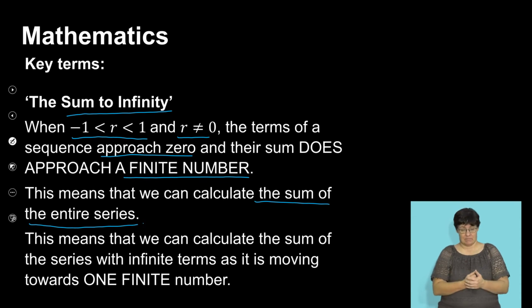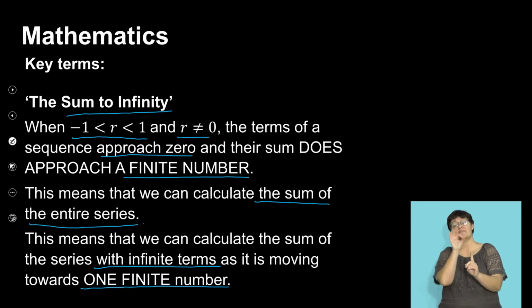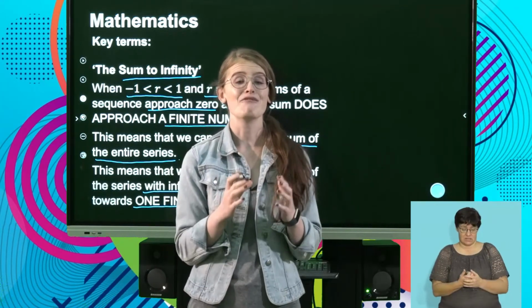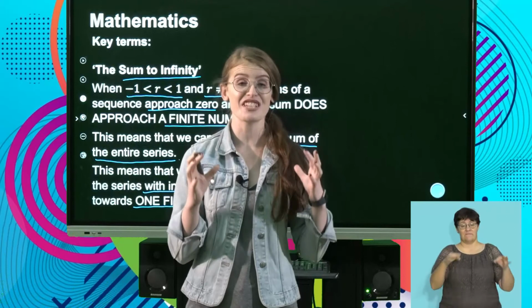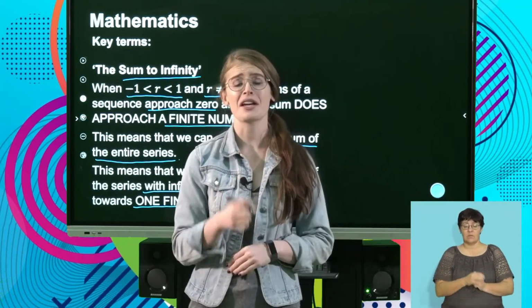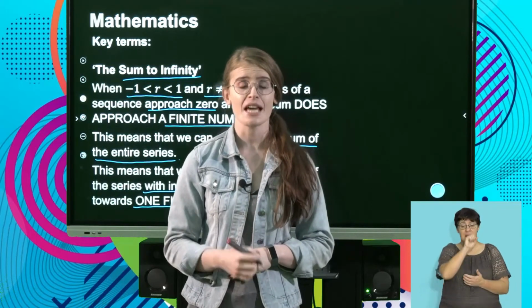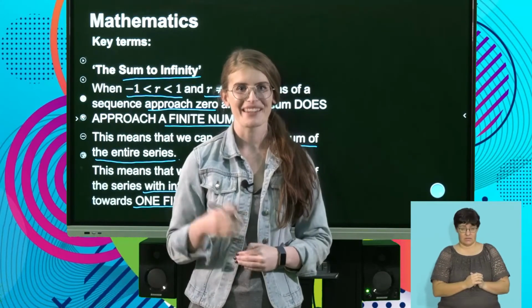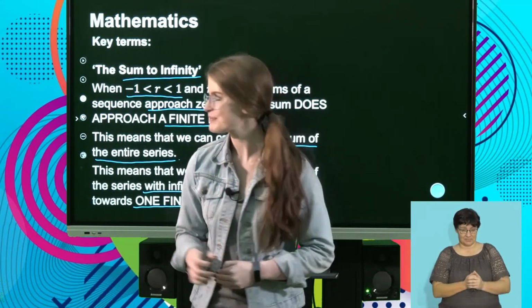This means that we can calculate the sum of the series with an infinite amount of terms, as it is all moving towards one finite number. So the sum to infinity allows me to calculate the value of a series with an infinite amount of terms. Great. Please just make sure that I can only use the sum to infinity when my ratio is between -1 and 1. Let's look at the next slide together.